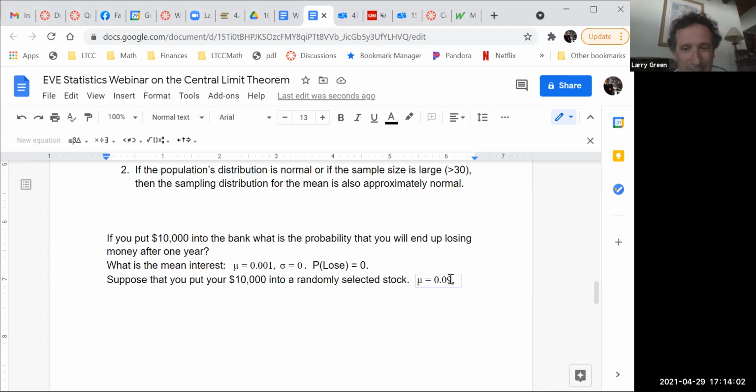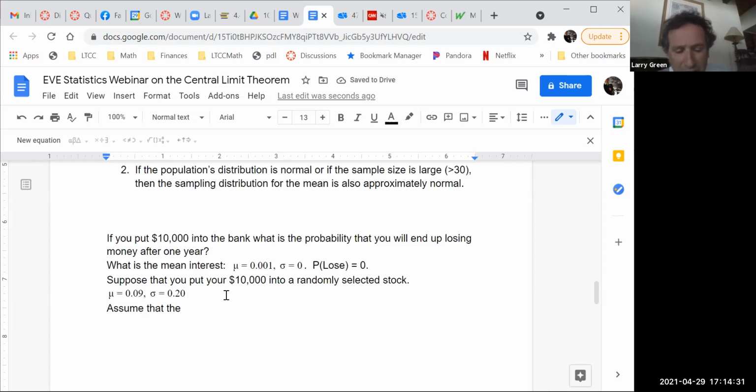They definitely change a lot. I don't know the exact standard deviation. I probably should research it someday, but let's suppose that the standard deviation is equal to 0.20, so 20%, because there's a lot of fluctuation with stocks. Assume that the stock returns are normally distributed.